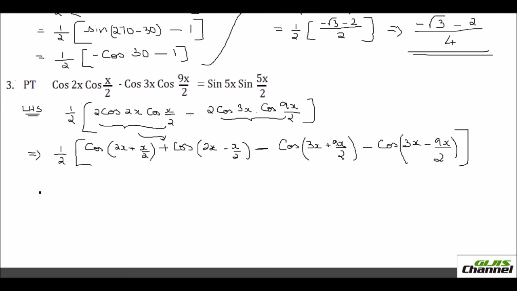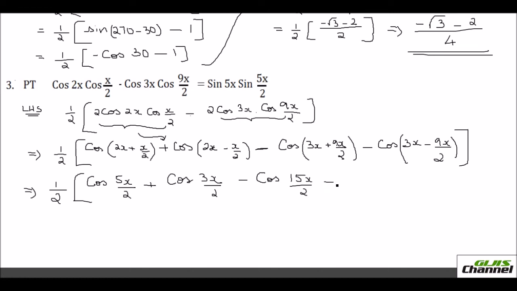Now let us put them together. So it becomes half. The half is still out. When you add these two, you will get 5x over 2, right? This is 5x over 2. Here it is plus cos 3x over 2. Here it is minus cos 15x over 2.